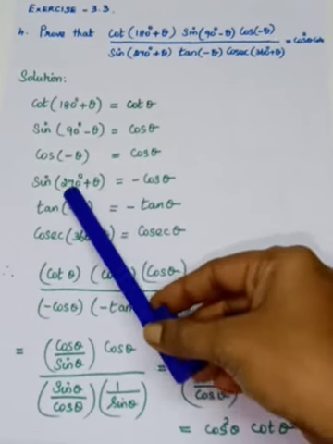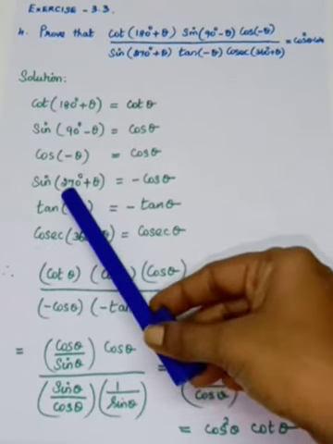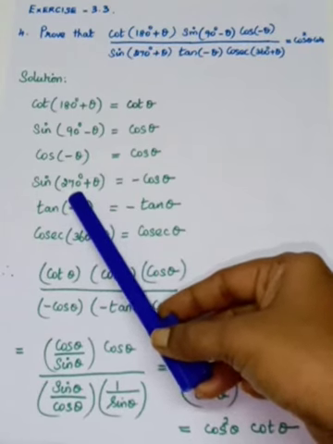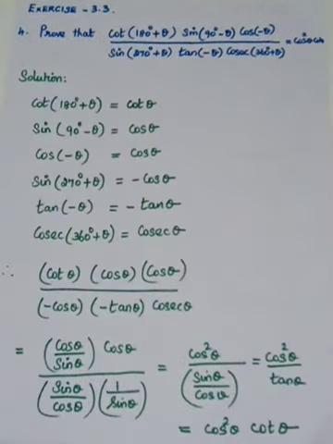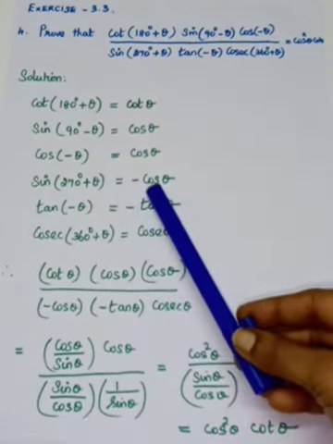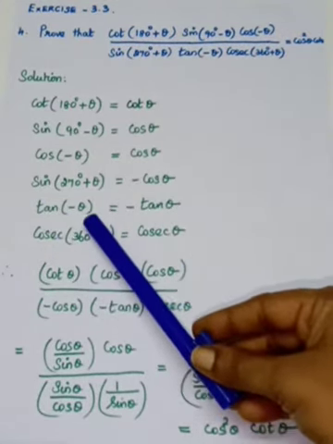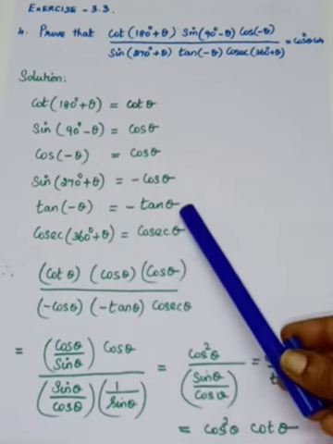Then check whether it is an odd or even multiple of 90 degree. Here it is 270 degree, an odd multiple of 90 degree, so the ratio has to be changed. Sin becomes cos theta. And you know very well tan of minus theta is equal to minus tan theta.